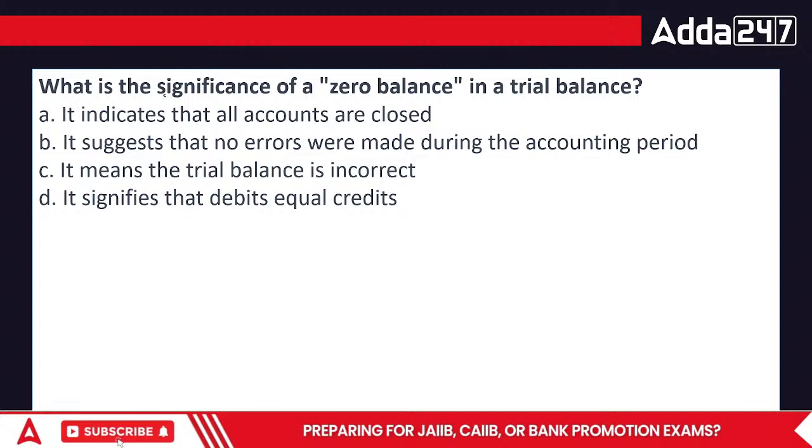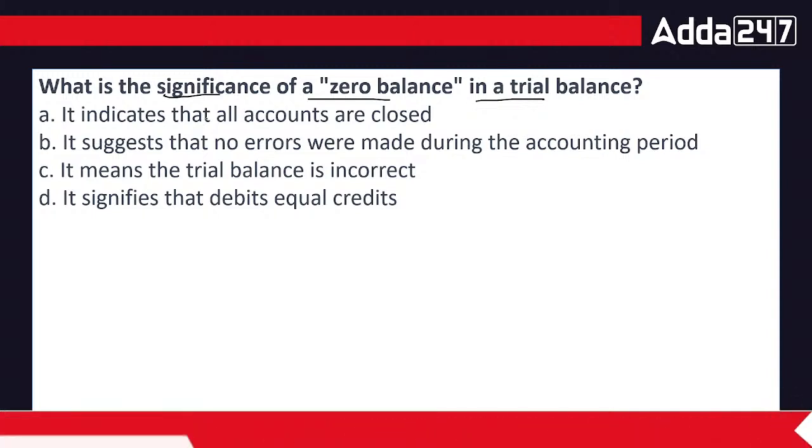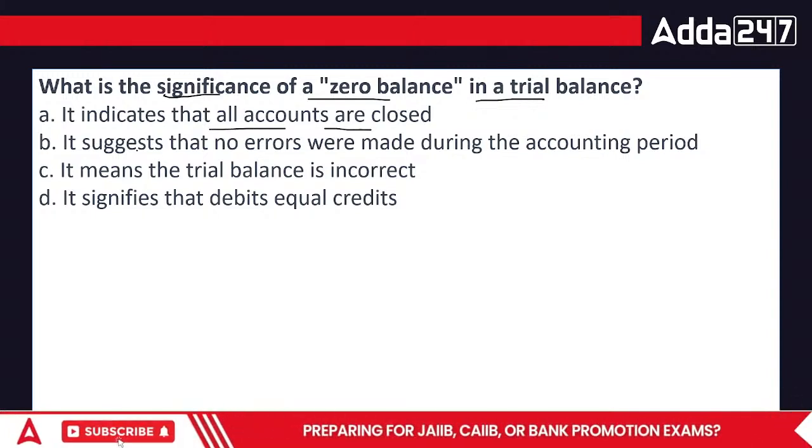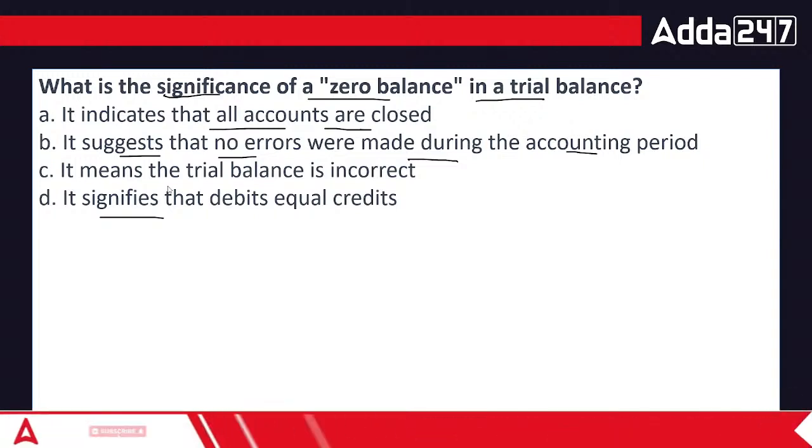What is the significance of a zero balance in the trial balance, everyone? If we have zero balance in the trial balance, then this indicates all accounts are closed, it suggests that no errors were made in the accounting period, it means the trial balance is incorrect, or it signifies the debit is equal to credit.